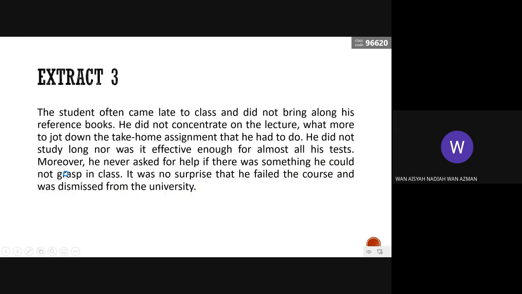Moving on to the next one. How about this? Look at the sentence that summarizes the whole paragraph.